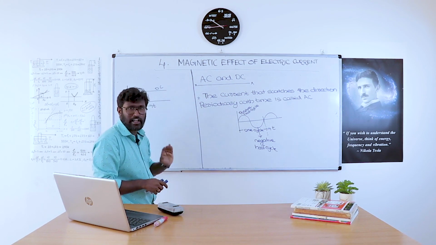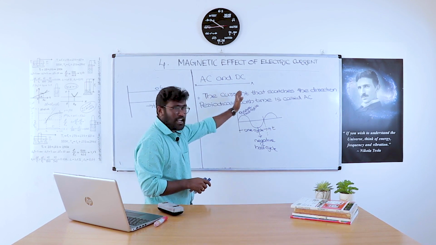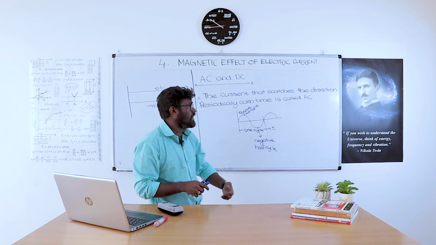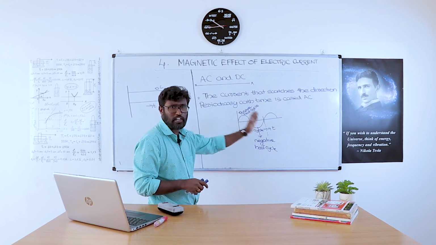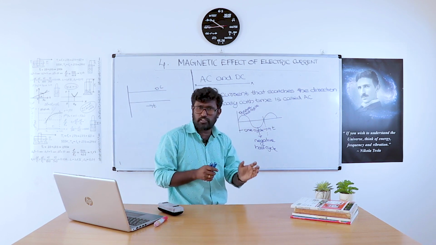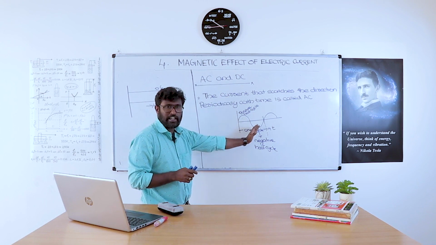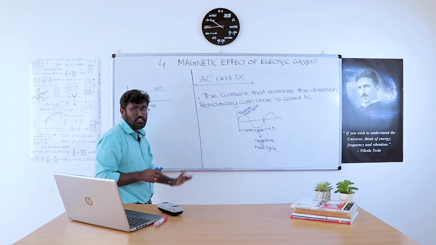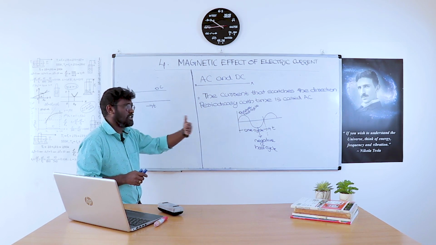So the current that switches direction periodically with respect to time is called alternating current. Here is the pictorial representation of alternating current. Alternating current consists of positive half cycles and negative half cycles. One positive half cycle and one negative half cycle constitute one cycle. And in direct current, the unidirectional flow of current is called direct current.